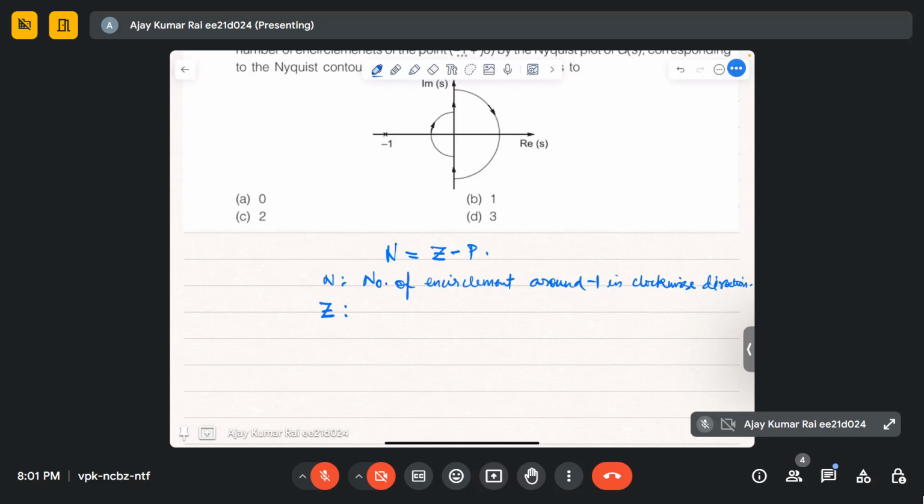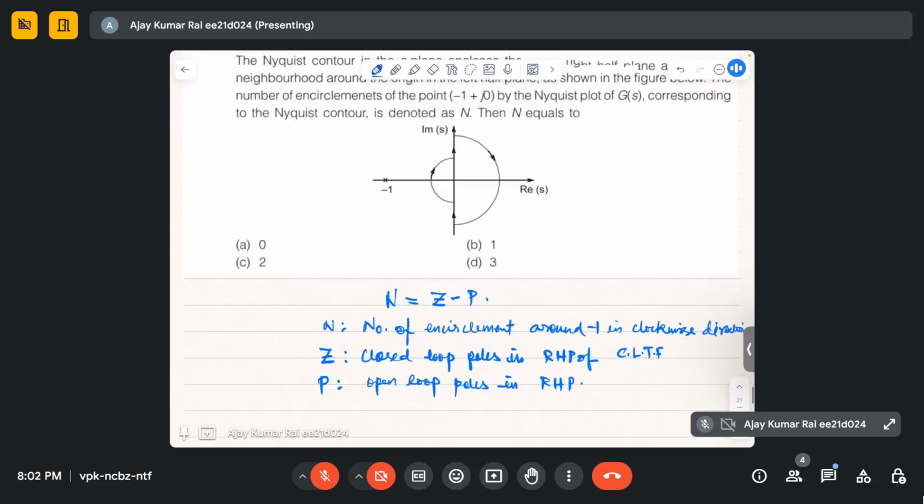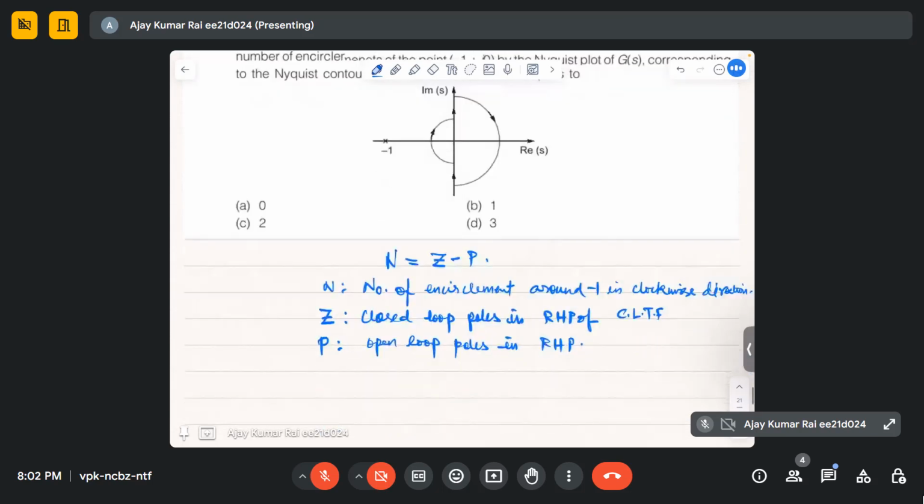These are the closed loop poles in the right half plane. And what is P? This is of the open loop. Let me write it: open loop poles in RHP. So we have to find the encirclement N.